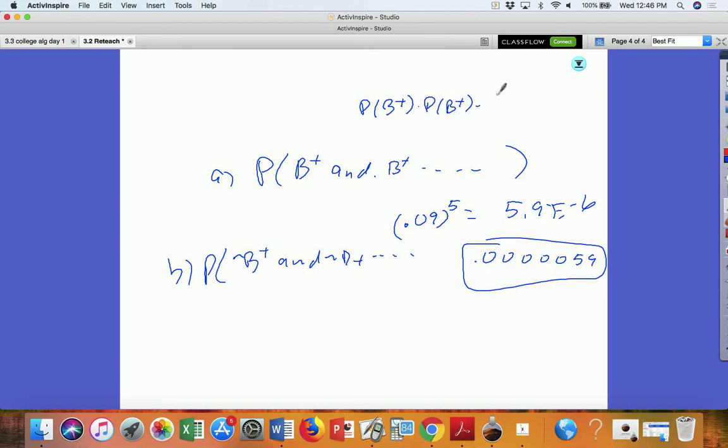We don't have to worry about the given stuff because we're saying that they're independent picks. Here it's going to be not B positive times itself 5 times, so 0.91 to the 5th. Which is actually something that could happen.